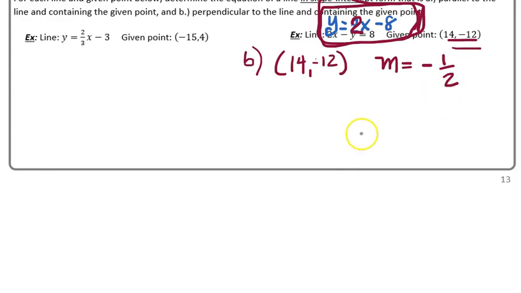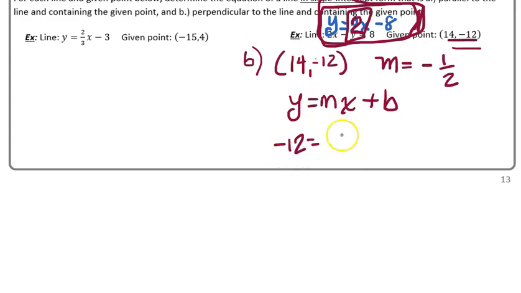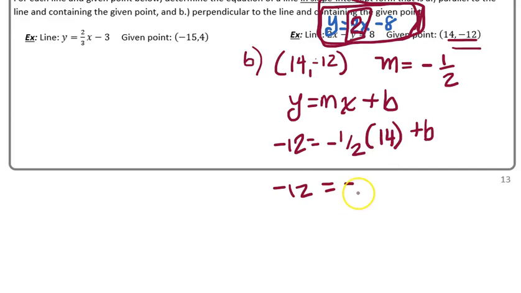So now that we've used what we know about perpendicular slopes to find the slope we need, we'll just go to y equals mx plus b, and we'll substitute in everything we know. We've got a y of negative 12, a slope of negative 1/2, an x of 14, and an unknown b.